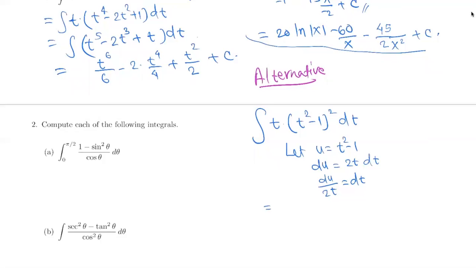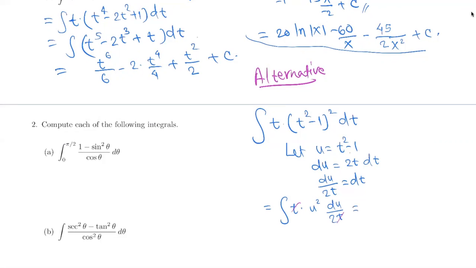And dt is found to be du over 2t. Then this t and t cancel. Always the original variable should be gone when we make a u substitution. And there is a 2 on the bottom. So this is 1/2 when we pull it all the way outside. 1/2, that leaves u squared du.